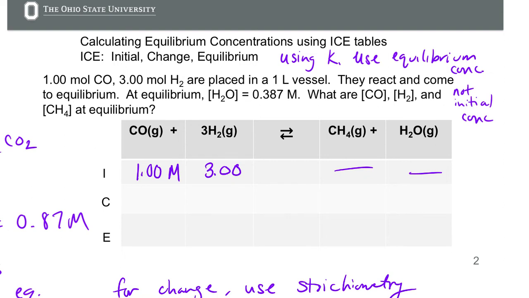If we say we are going to react some amount X of carbon monoxide, how many X is reacting of the hydrogen gas? 3X, yeah, so we're using that stoichiometric coefficient. I'm using a minus sign to represent the fact that that reactant is reacting away, the concentration is decreasing.